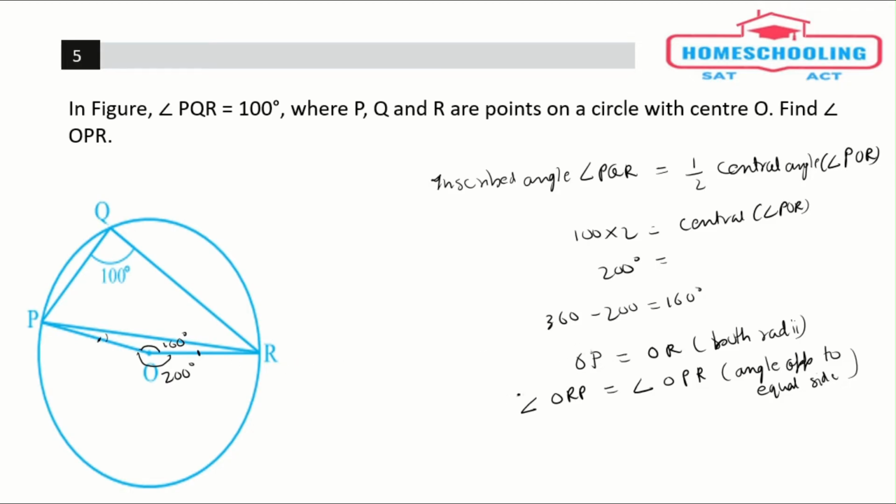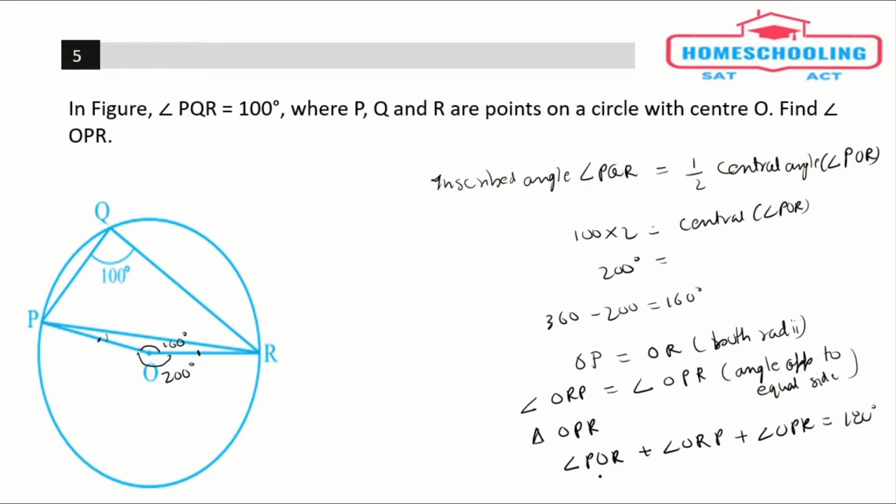So we know that these two angles are equal, and now in triangle OPR, the sum of all the angles would be 180 degrees. So angle POR plus angle ORP plus angle OPR is equal to 180 degrees.